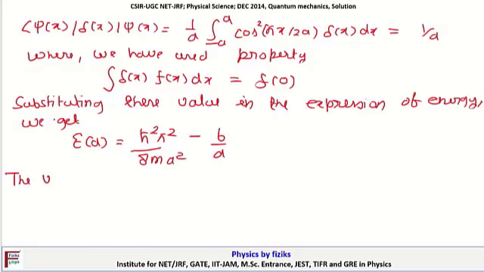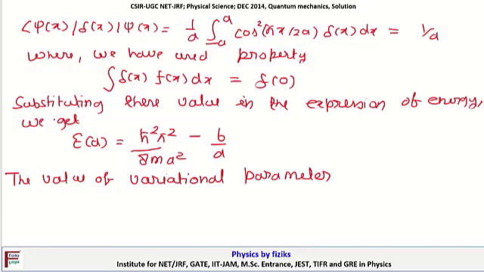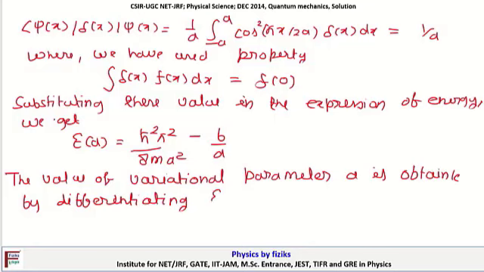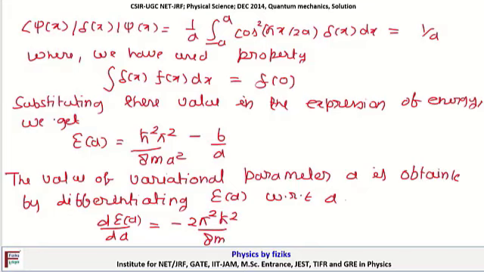Now the value of the variation parameter A is obtained by differentiating E(A) with respect to A, that is dE by dA equals minus 2 pi square h square by 8m a cube plus b by a square equals 0, which implies a equals h cross square pi square by 4mb.